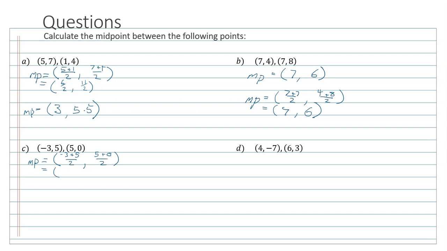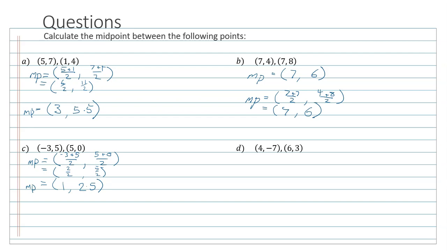This will give us a midpoint of negative 3 plus 5, that is positive 2. 5 plus 0 is 5 over 2. We're going to get a yucky decimal again, but irrespective, 2 over 2 is 1, and then 5 over 2, that is 2.5. So our midpoint in this example is 1 and 2.5.